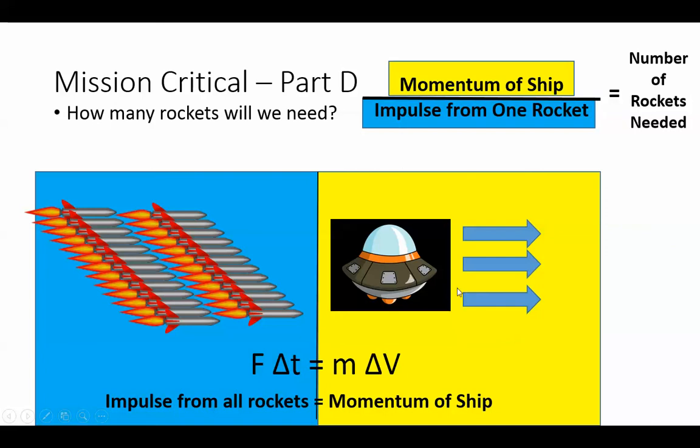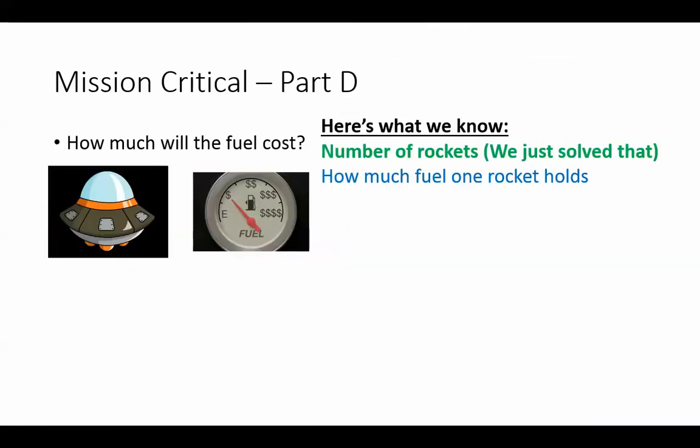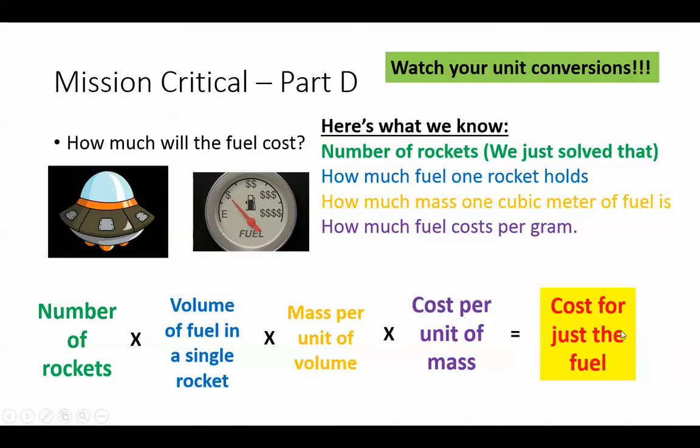When you figure out the velocity for the speed of light, it's given to you on the information sheet in kilometers per second. You'll have to change that to meters per second. If you don't do these unit conversions, when you get all the way to the end, it's going to come out in your cost and you're going to have a very, very wrong answer. But still, you should get something very enormous for the cost for the fuel.